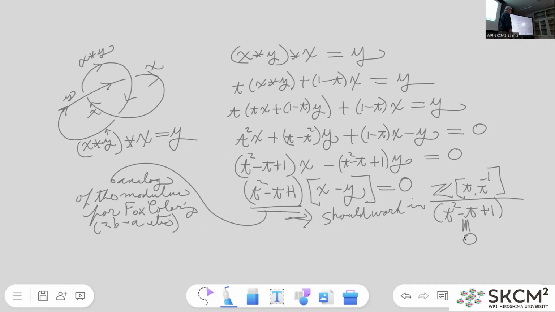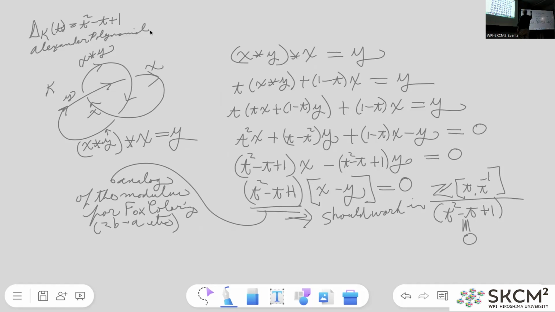just like the integers mod 3, only it's the Laurent polynomials modulo that polynomial. And this polynomial, delta K of t equal to t squared minus t plus 1, is the Alexander polynomial of the knot.